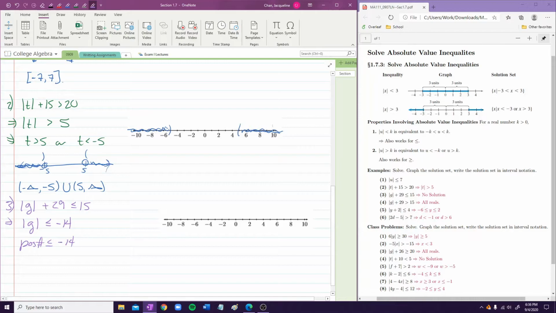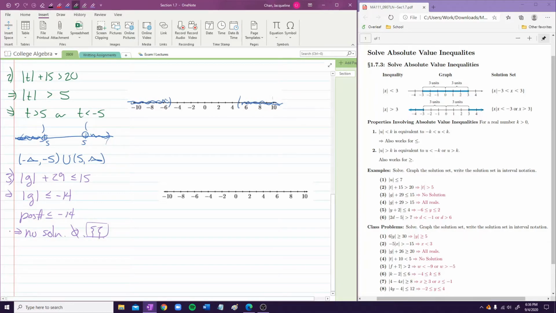A positive number will never, ever, ever be less than or equal to a negative number. Because of that, this is no solution. It is the empty set. It is nada. So the solution set would just be empty braces, and the graph itself, because there is no solution, there is no such g that will make this inequality true, this whole graph will be empty.